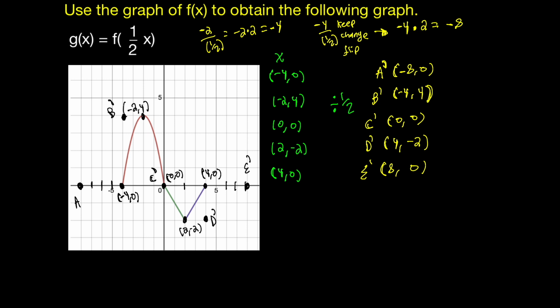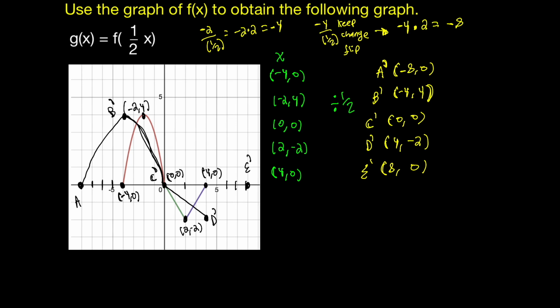And now I can connect all of the points. Recall that the first 3 main points create a parabolic shape. So A prime, B prime, and the origin. We're going to create a little parabolic shape. And then from this point is where I begin to connect the points with edges. So the origin is going to connect with B prime with a straight line.